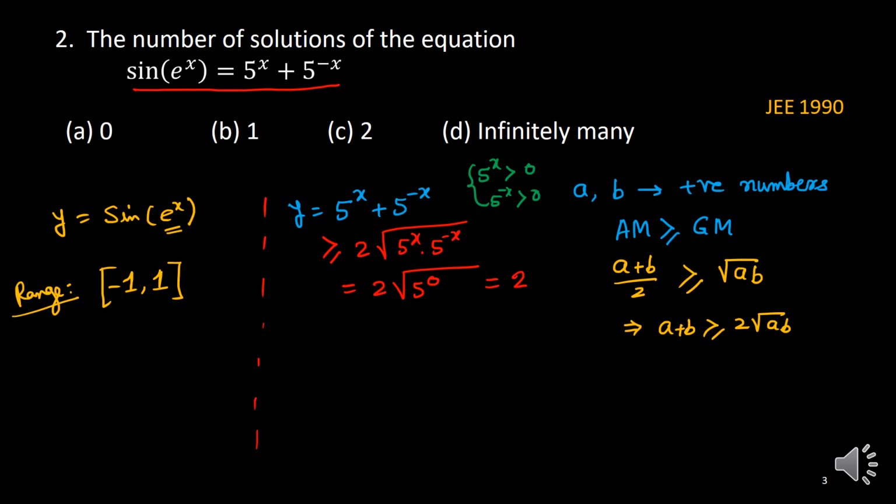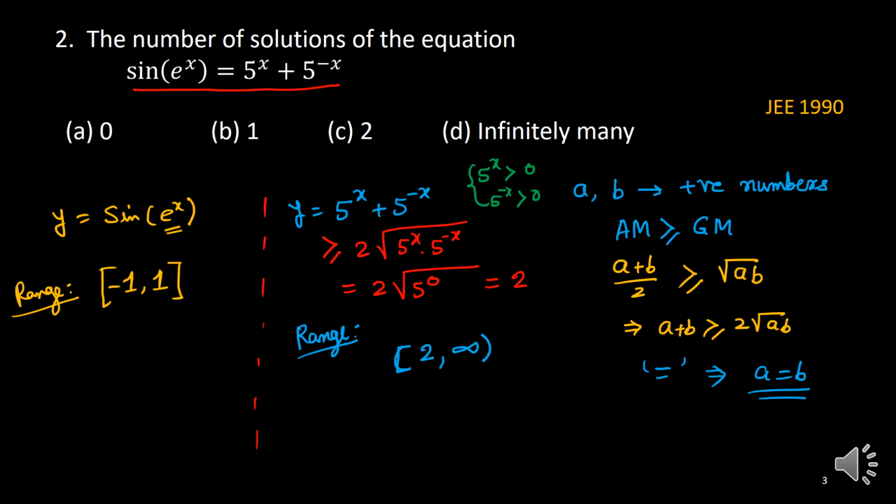So what is the range? It starts from 2, and it can have the equal sign, which I will discuss, up to infinity. When will you get the equal sign?